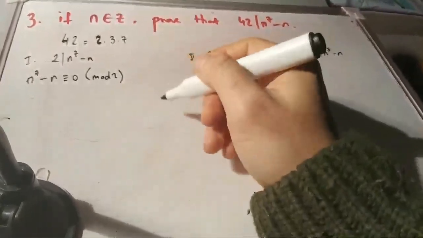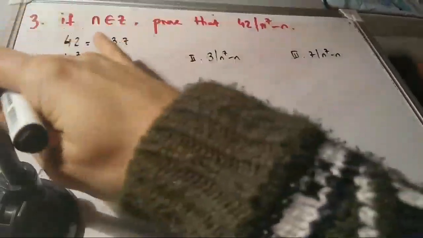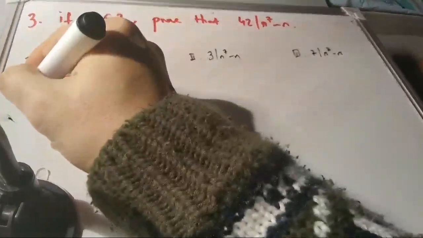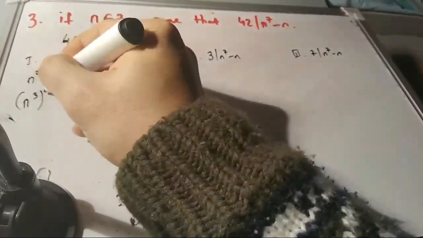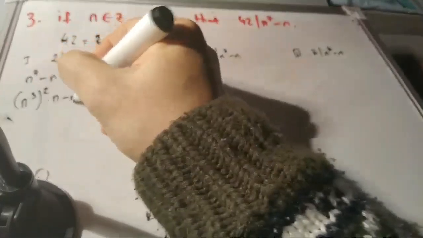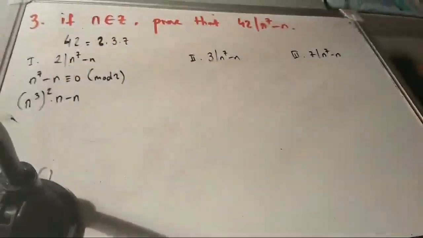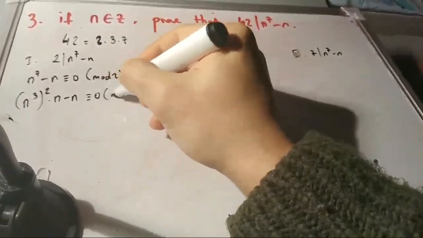And remember Fermat's Little Theorem. n to the power of 7 is n cubed times n cubed to the power of 2 times n, minus n, right? Is congruent to 0 in mod 2.